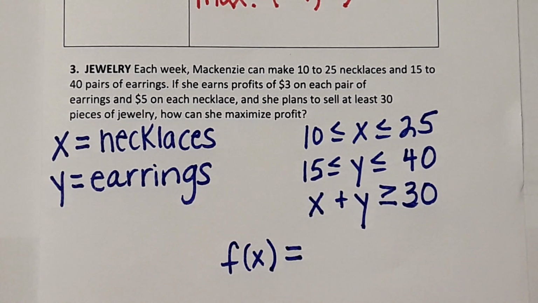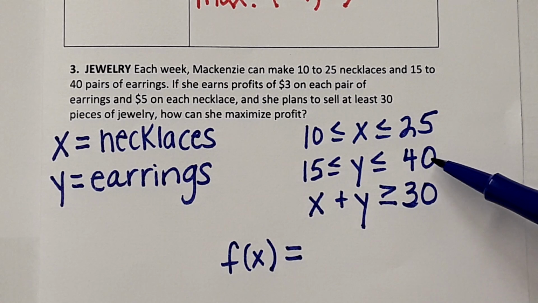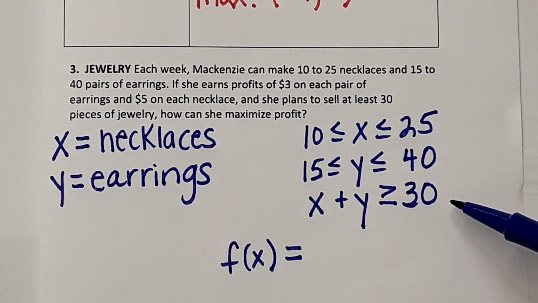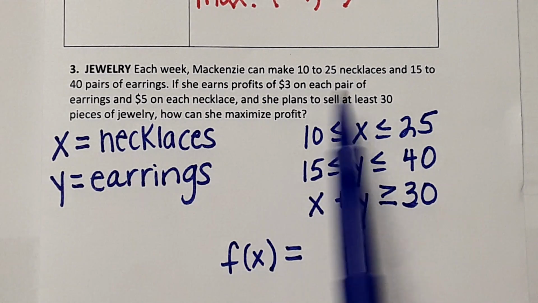And now we're going to write, so this was how many necklaces she can make, this is how many earrings she can make, this is how much she wants to sell. And now we're going to come up with our profit, or our optimization equation. So how much can she make for her earrings?